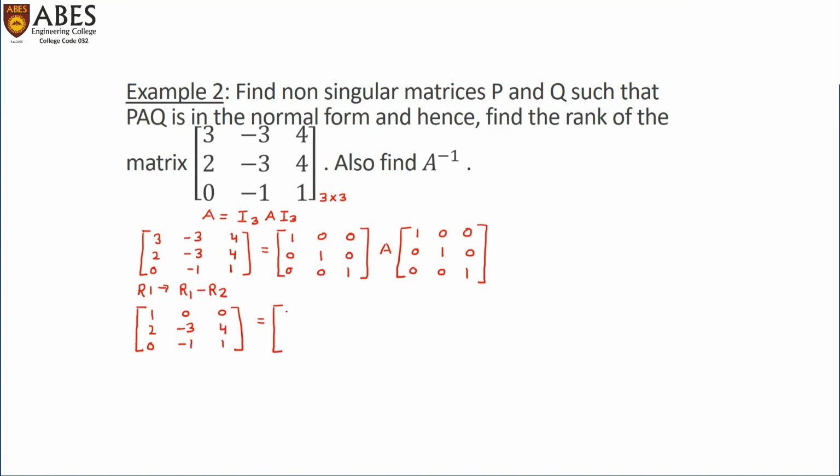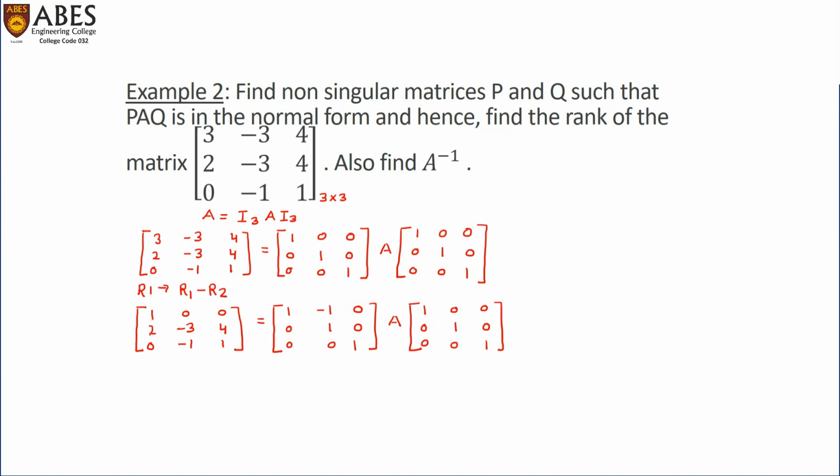On the pre-matrix, R1 minus R2 gives 1 minus 1, 0, 0, and the rest 0, 1, 0, 0, 0, 1. Because we apply an elementary row transformation, we make the changes in the pre-matrix, and the post matrix stays the same.